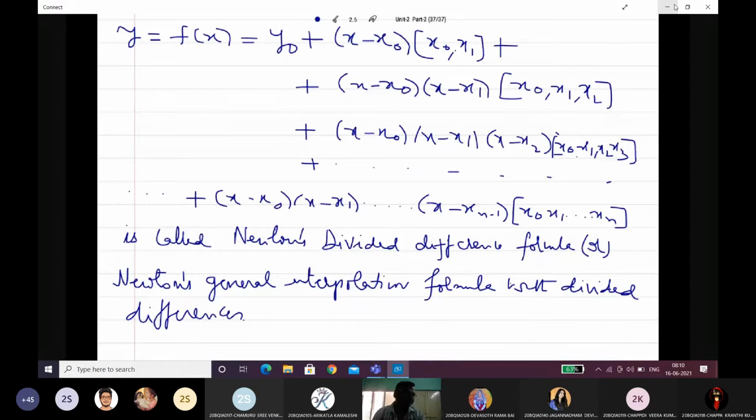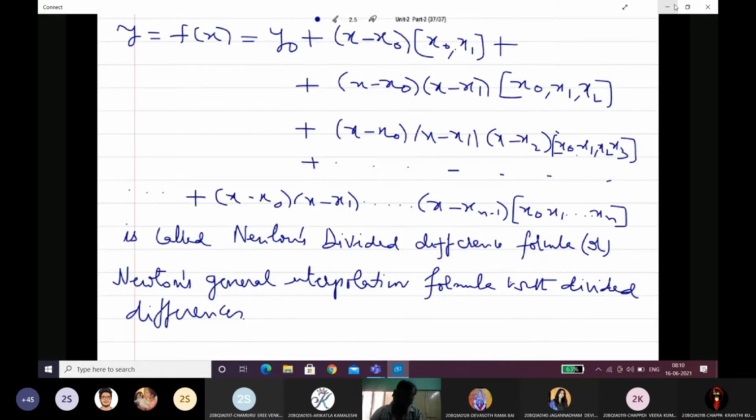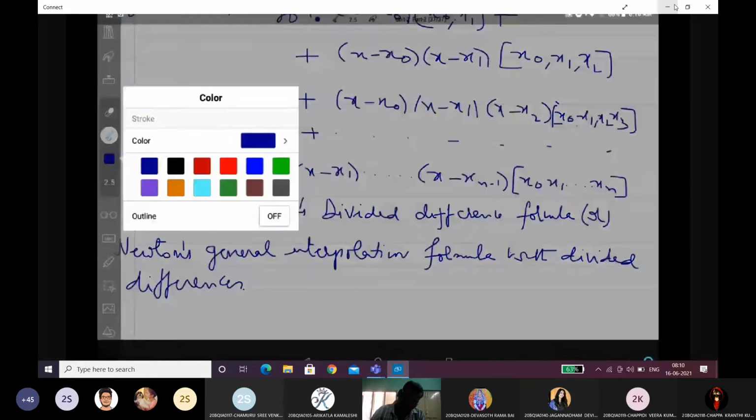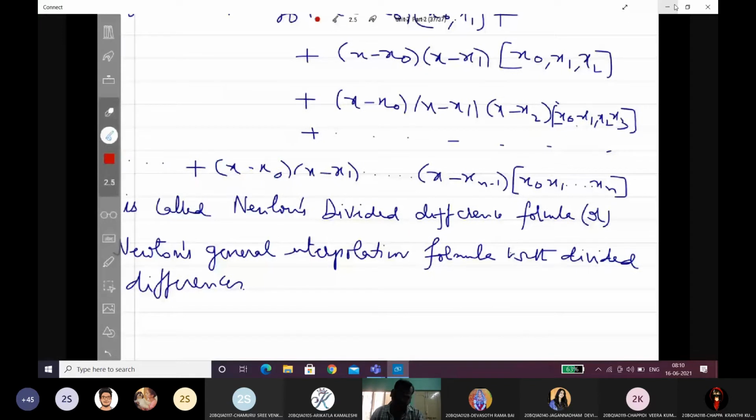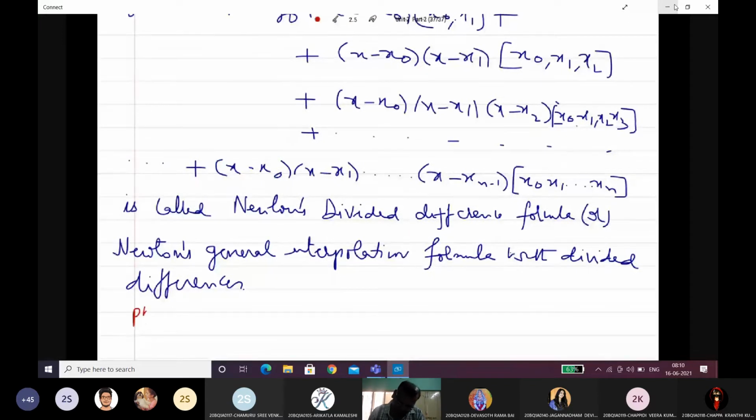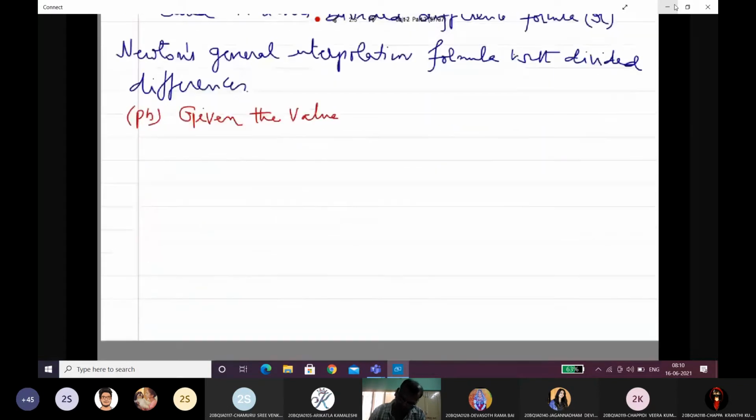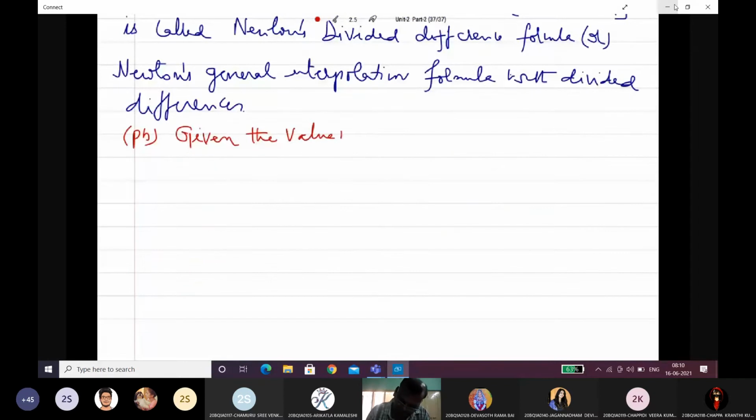Note down one example, right? Given the values x and corresponding f of x.